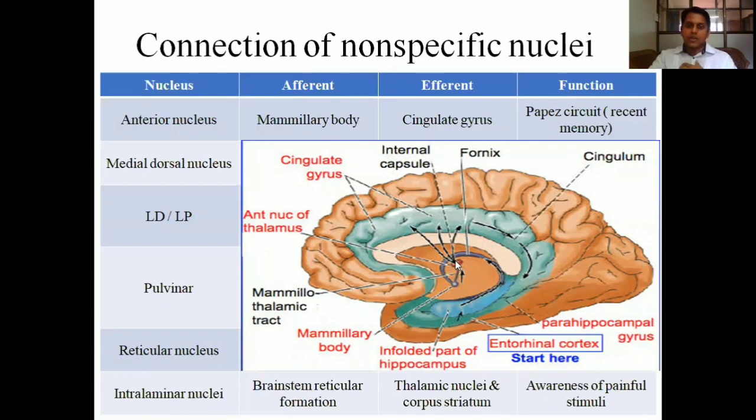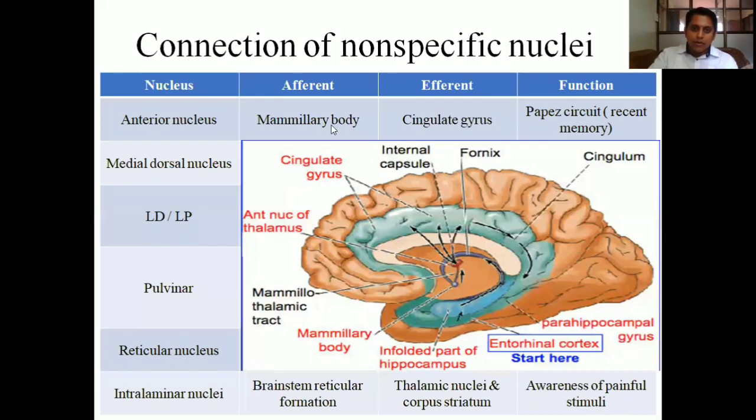From this anterior nucleus of the thalamus, the fibers project to the cingulate gyrus, which is marked in blue. From here it comes back via the isthmus into the hippocampus. So this neuronal circuit is the Papez circuit, and the anterior nucleus of the thalamus is a component of this circuit. This is concerned with recent memory.